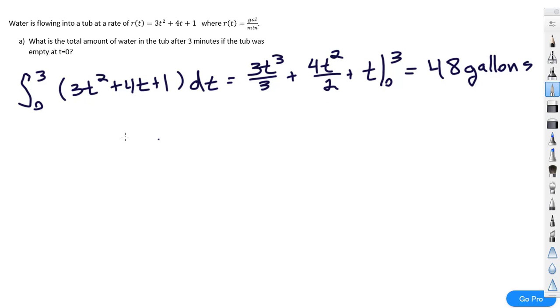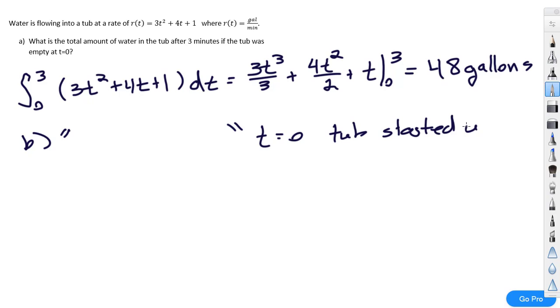Now, let's ask ourselves another question. Let's say that part B asks the same thing as part A, only when t equals 0, the tub started with 10 gallons of water. The rate at which water is entering the tub doesn't change.